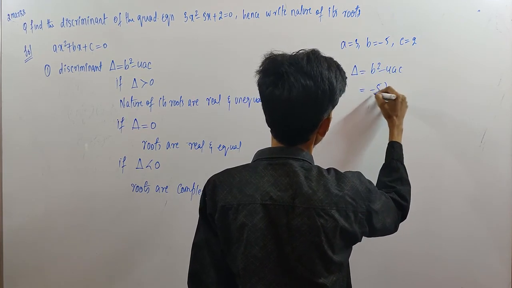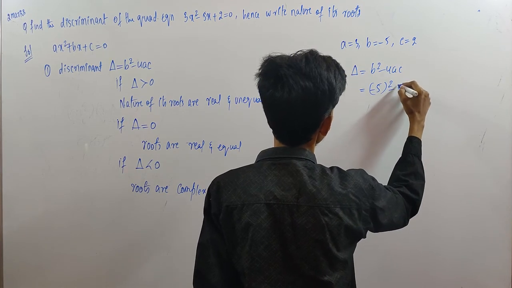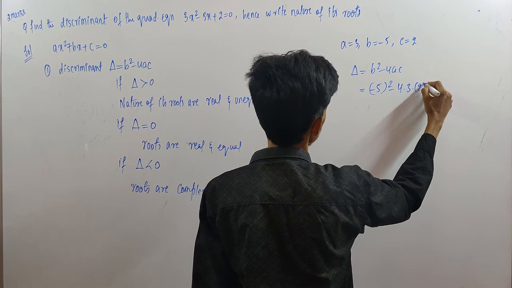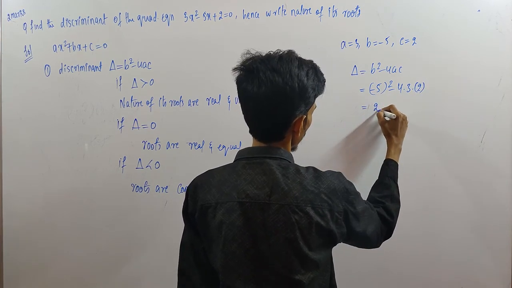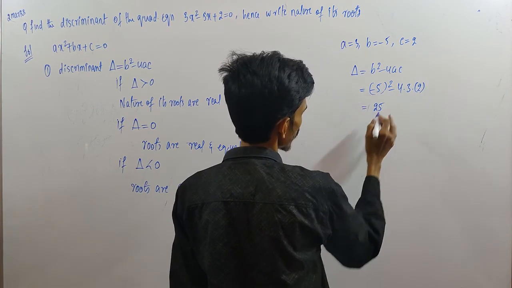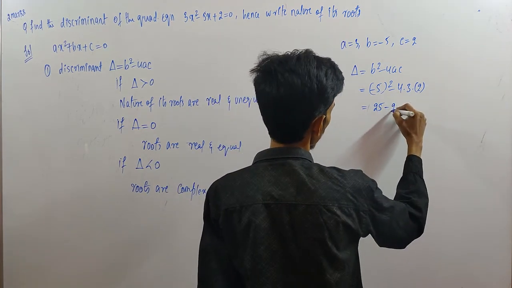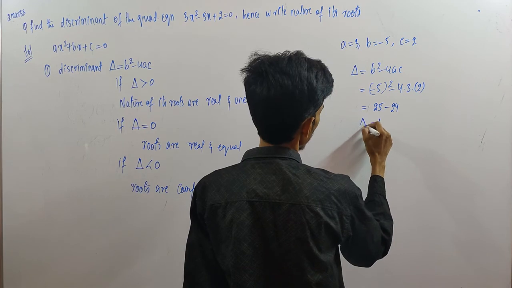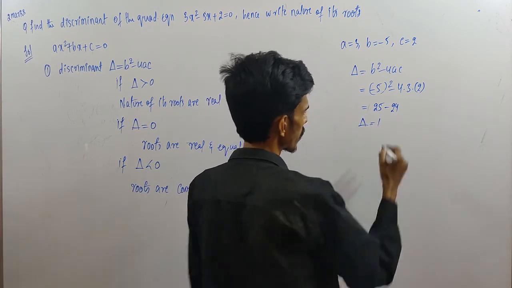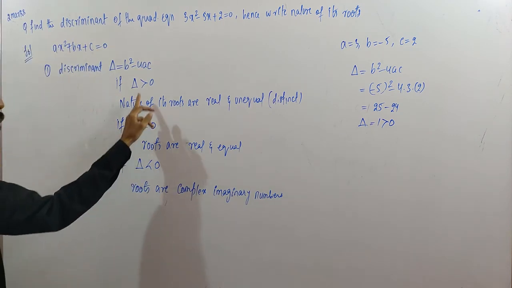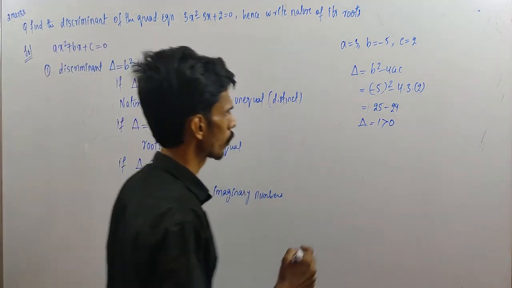B value is minus 5 square minus 4 into a value, which is 3, c value is 2. 5 square is 25, negative square is positive. 4 into 3 we have 12, 12 into 2 is 24. So we have 1. Discriminant is 1. 1 means greater than 0, a positive number. For greater than 0, we have real and unequal.